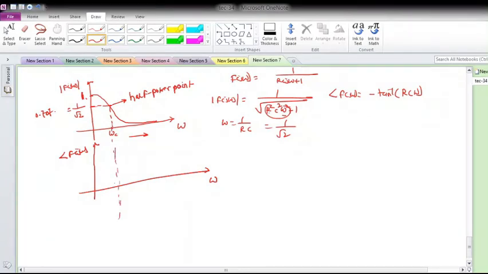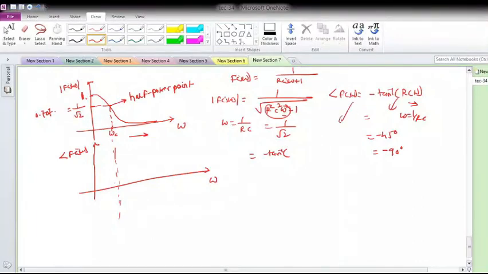The angle is minus tan inverse. So when omega is 0, tan inverse of 0 is 0, so it starts from 0. When omega is equal to 1 by RC, that is the critical frequency, the angle is minus 45 degrees, and when omega is infinity, the angle is minus 90 degrees.